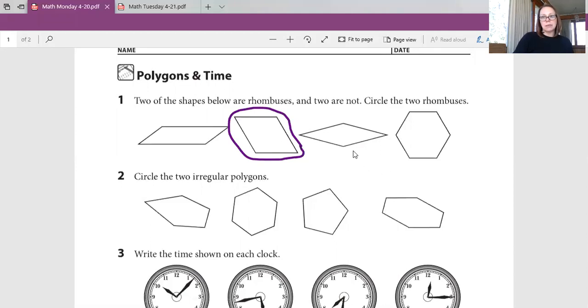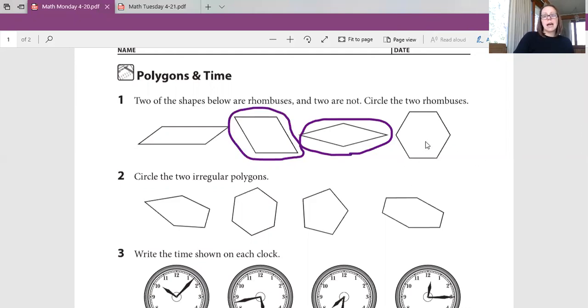How about this one? Remember, you might need to tilt your head to get a better look. But if I look at this polygon, I notice that it does have four sides, and I know a rhombus does have four sides, and all four sides are equal. So yes, that one is a rhombus.